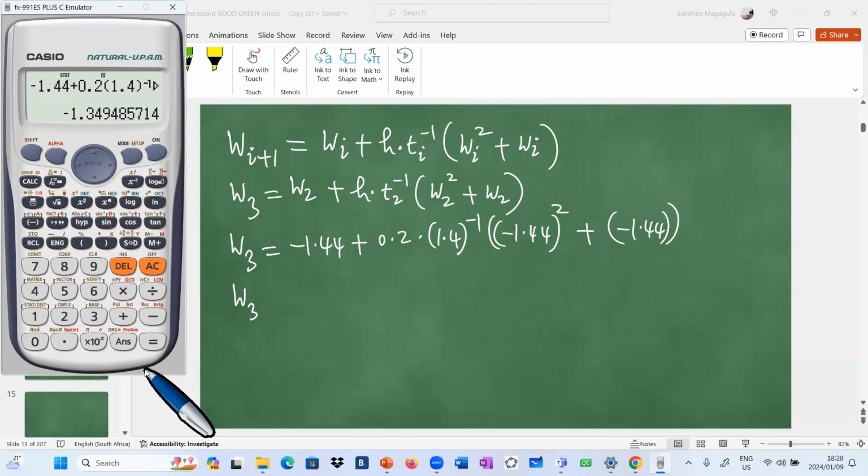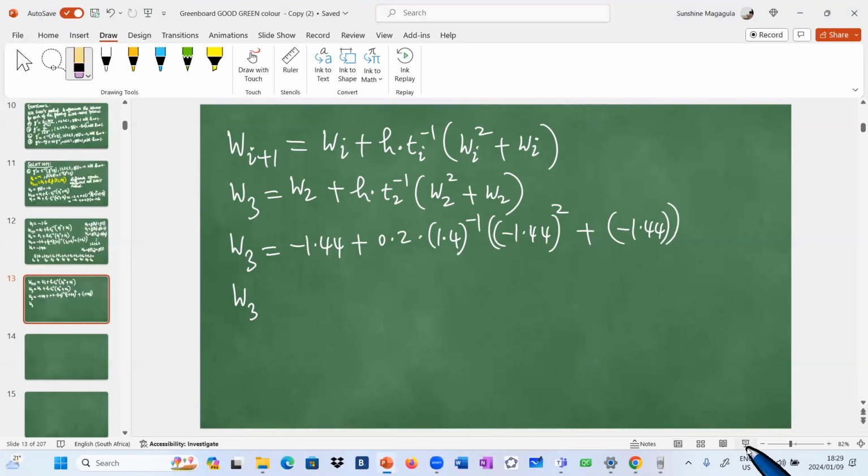But see, the idea is to illustrate the method that we are learning. Just to illustrate the method. Minus 1.349487. Right.